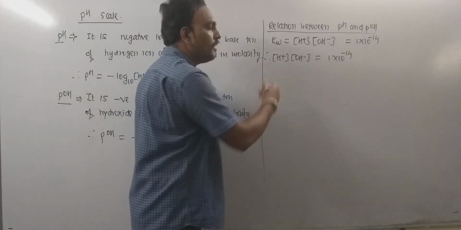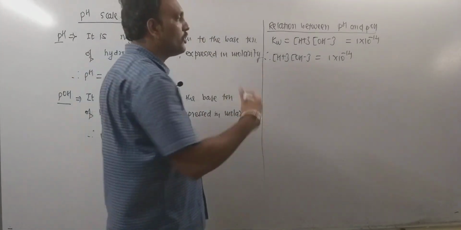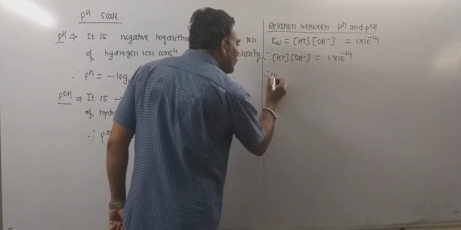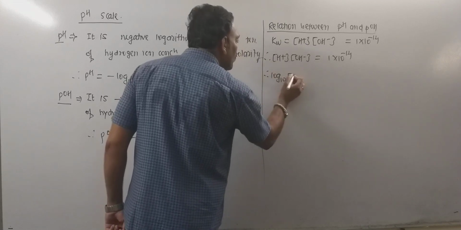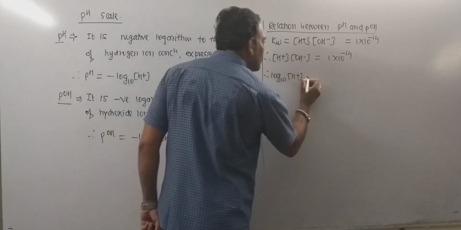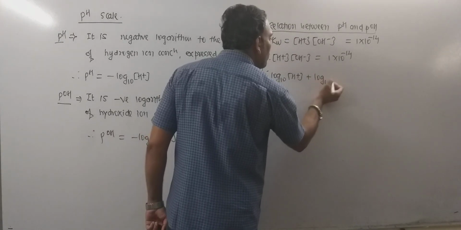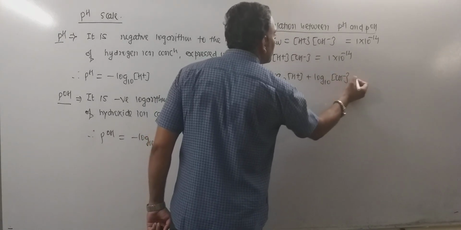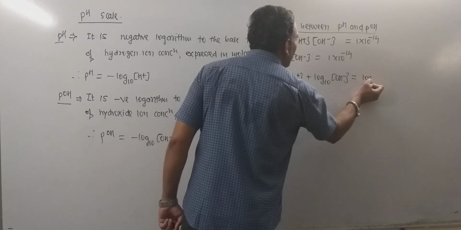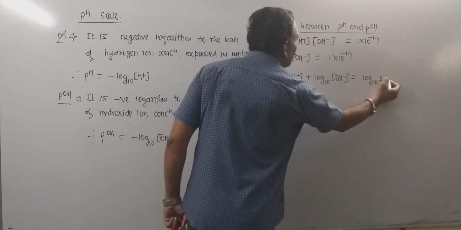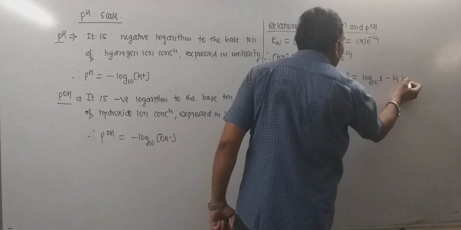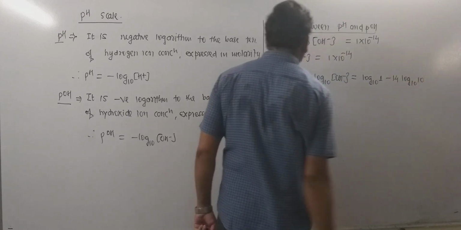If we take log to the base 10 on both sides, then what happens? Log base 10 concentration of H plus plus log base 10 concentration of OH minus is equal to log base 10 of 1 minus 14 log base 10 of 10.